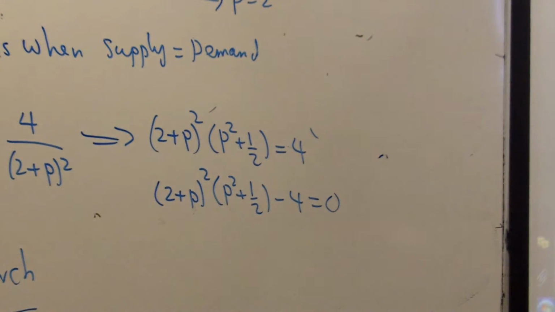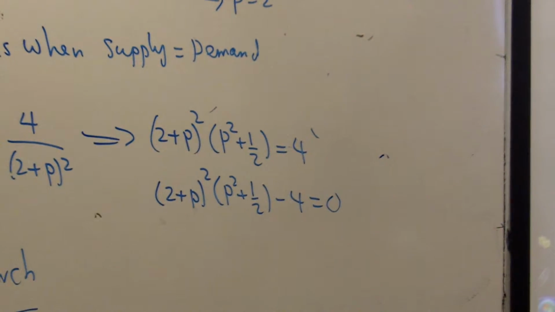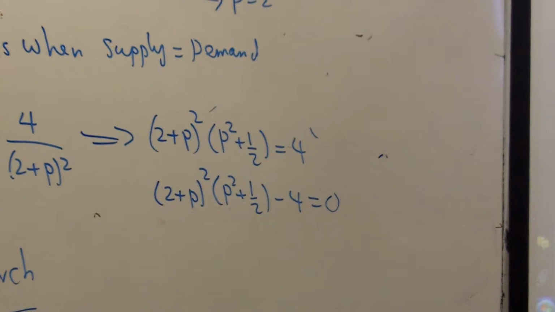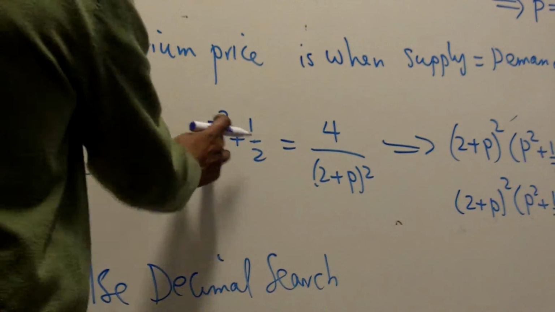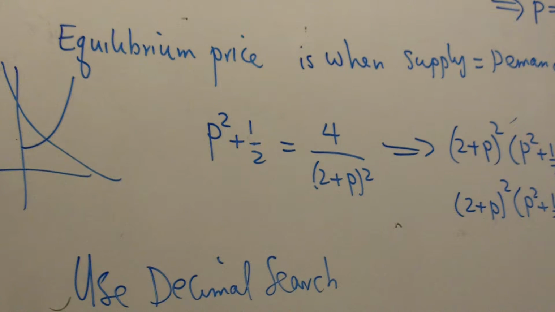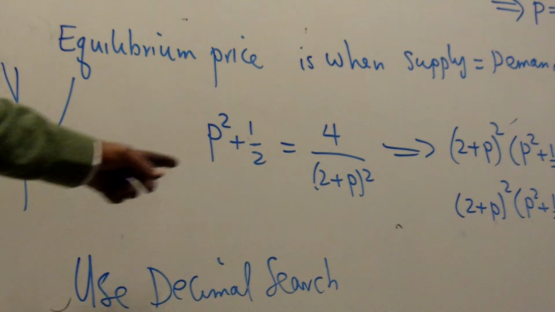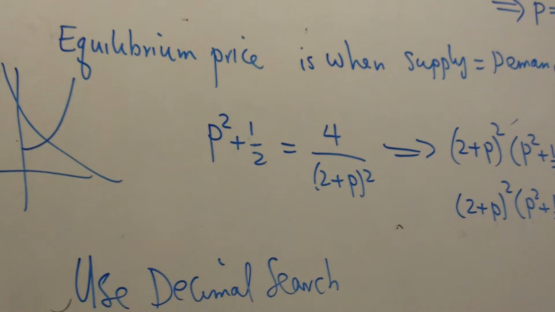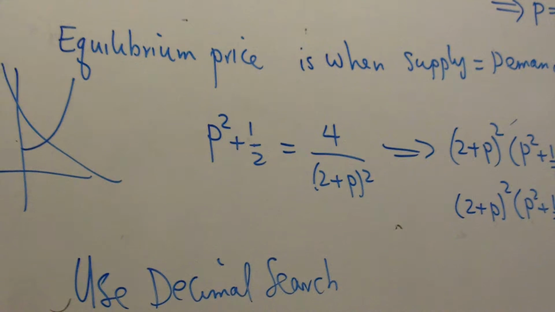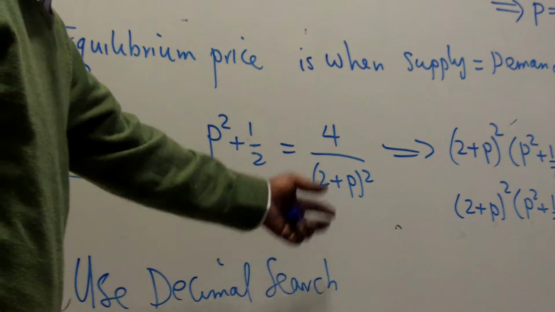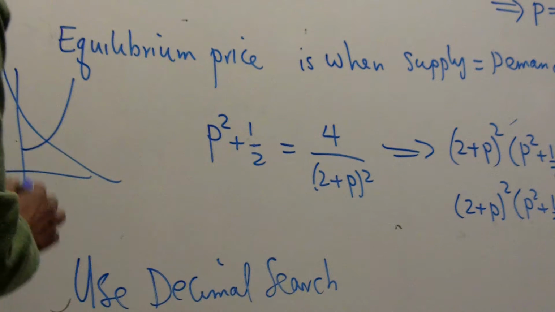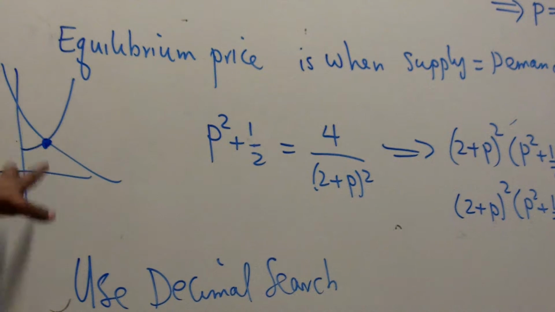I looked at this function here. If you just draw it, it looks like so. This is a parabola, x squared plus a half. And this is like something divided by x squared, which is coming down from above. And I know they meet somewhere there.